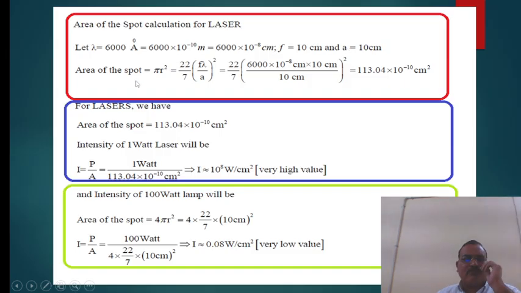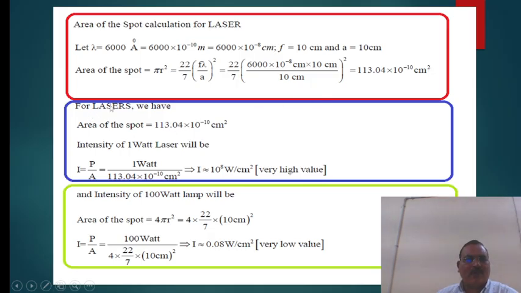Then the area of the spot, generally taking the 6000 angstrom wavelength, is pi r square, where r is the radius of the spot. Putting all the values, it is 22 by 7 × 6000 × 10^-8 centimeter × 10 centimeter × 10 centimeter. Finally, the area of the spot is 113.04 × 10^-10 centimeter square.